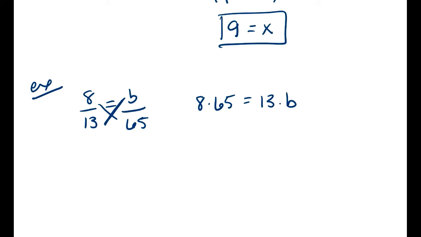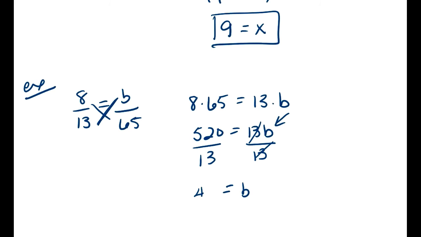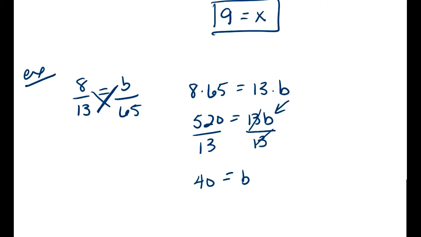And 8 times 65 is, again, pretty big, 520, and that's going to equal 13b. Now, identify the variable. It's being multiplied by 13. In these cases, it pretty much always will be. So just do your division there, and 520 divided by 13 is 40.